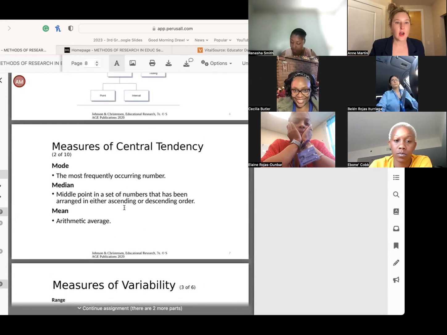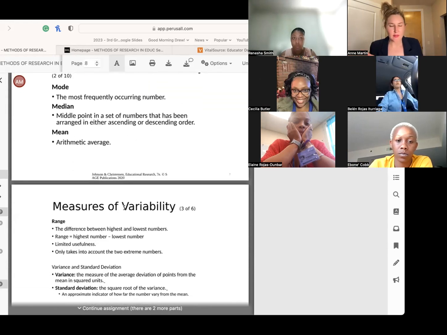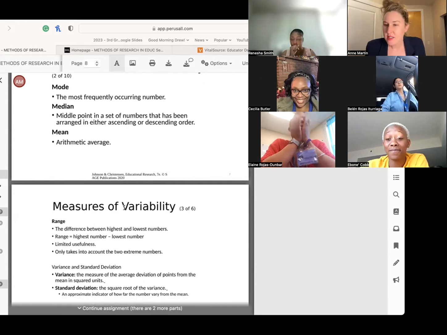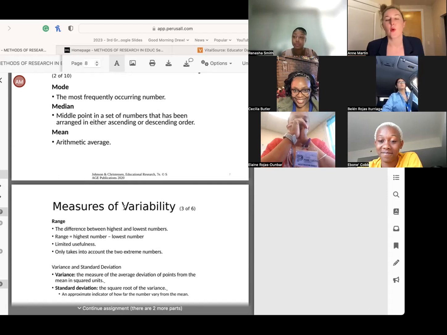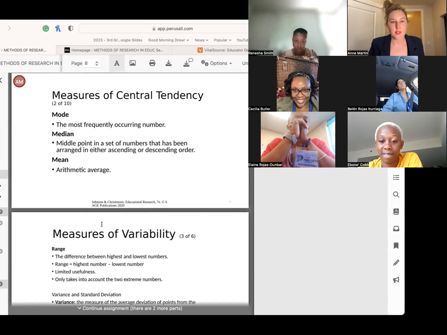So on the final, of course, you're not going to have to calculate anything. It won't be a question like, here's a data set, what is the mean, median, and mode? No, it'll be more conceptual, like, what is an example of a measure of central tendency and what's the definition?